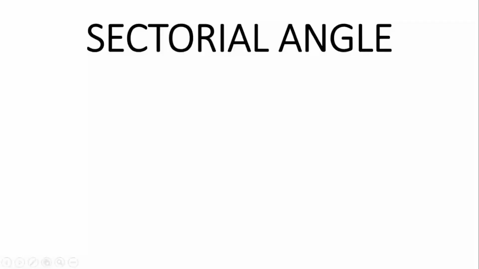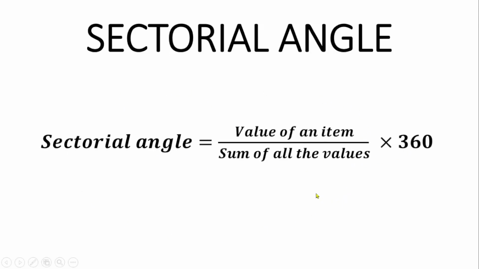Then how do we change the frequency of the data given to us to sectorial angle? Because that's the most important part of a pie chart. You need to convert the value of the item given to us into a sectorial angle. And how do we do that? We have a formula for finding the sectorial angle, which you need to know offhand.